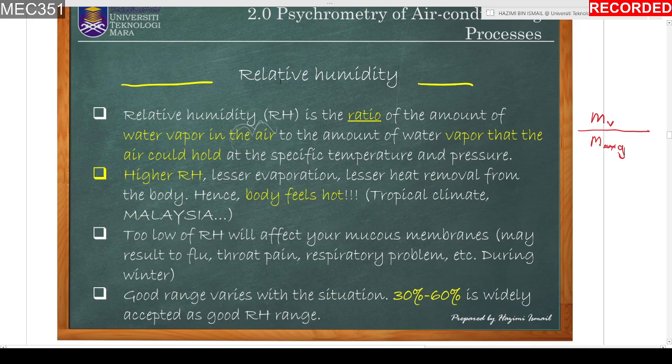Okay, so for the relative humidity, we have an acceptable range that we should use in our design process. The range is between 30% to 60%. Tapi average dekat Malaysia is more than 60%.